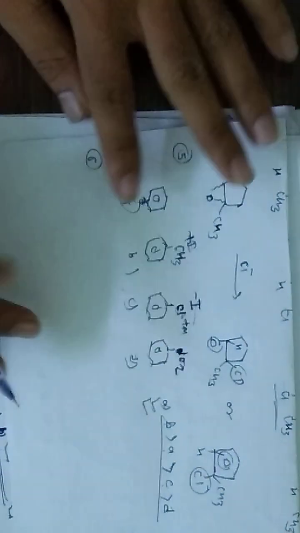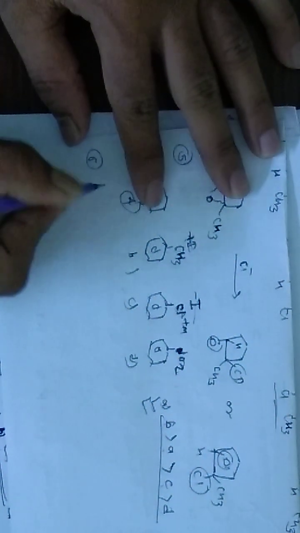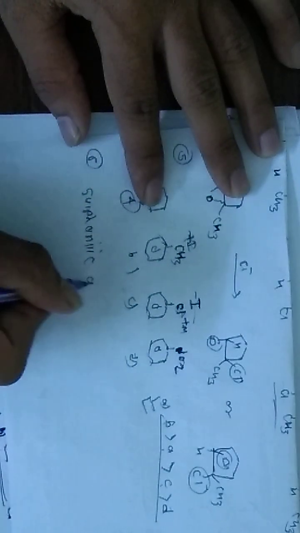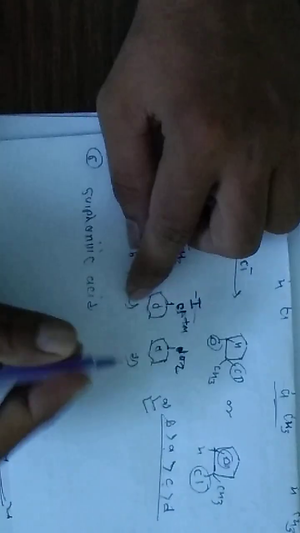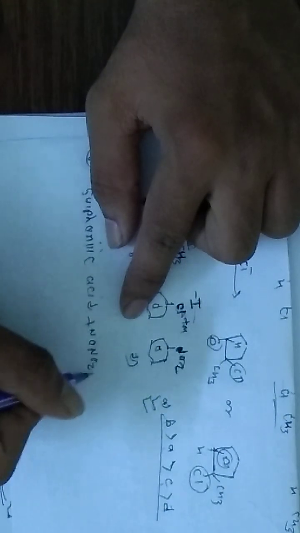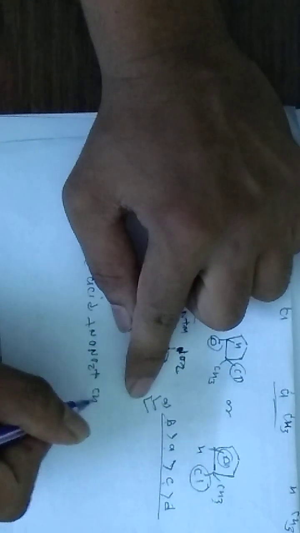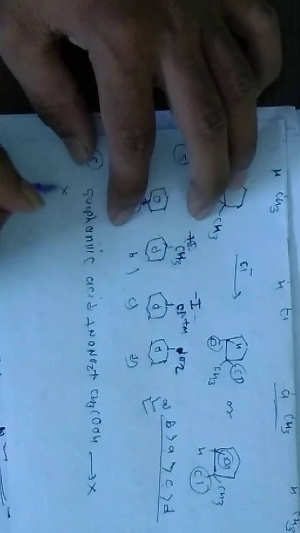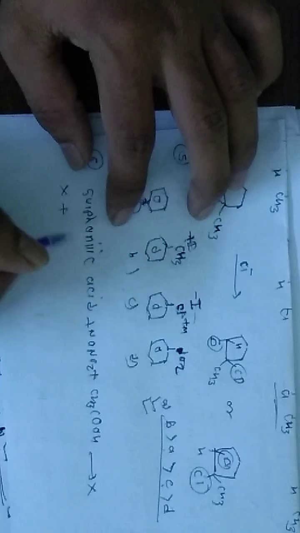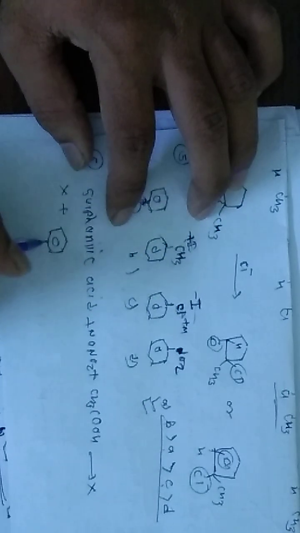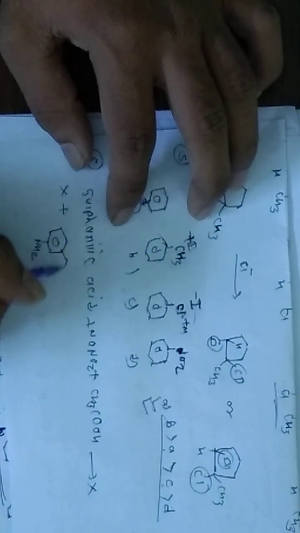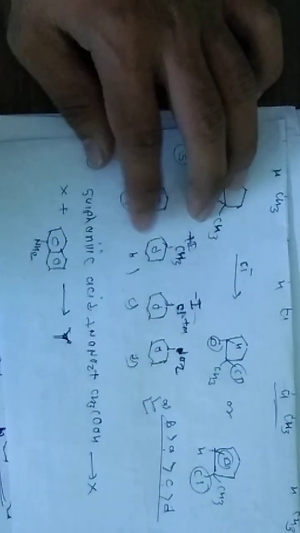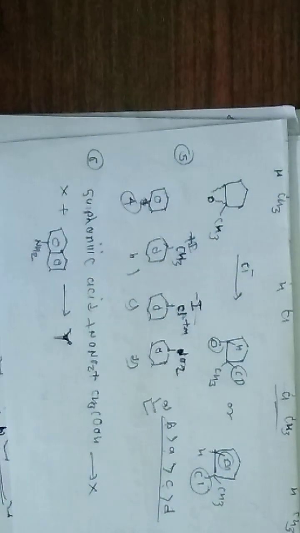One reaction is given: sulfanilic acid plus NaNO2 plus acetic acid, CH3COOH, gives X, and that X is reacted with this compound, where NH2 is attached, to give Y. They asked what is the Y, that is, what is the end product.